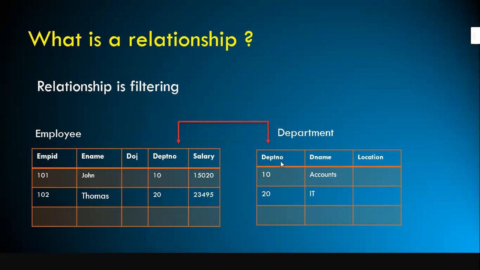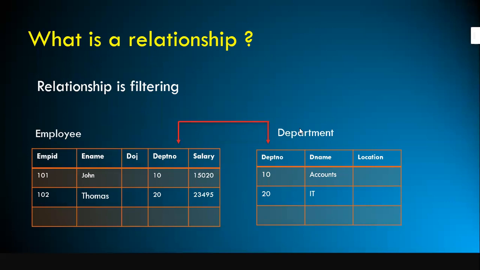Only the name of the column is different, but the business meaning is the same. Fortunately, both tables have the same column name for the department number. So using the primary key and foreign key relationship, we can join these two tables to get the department name from this table. You understood?